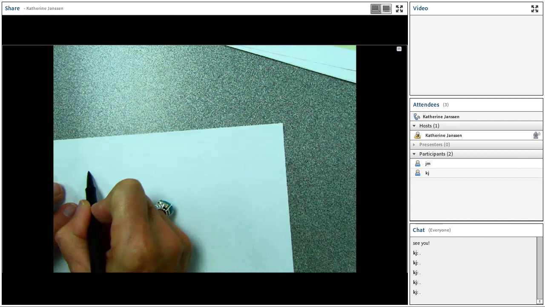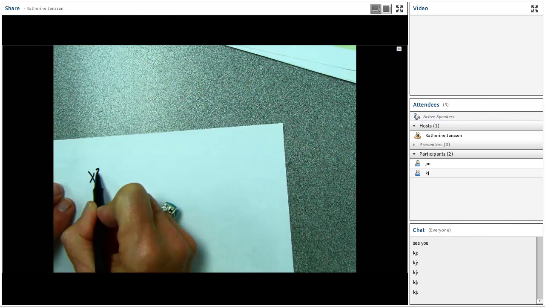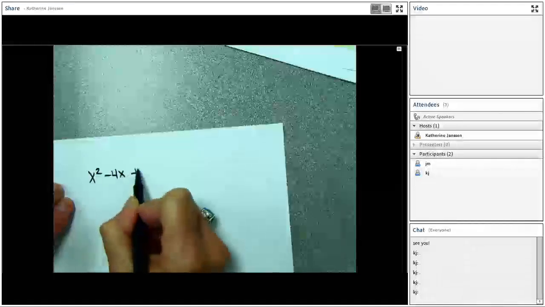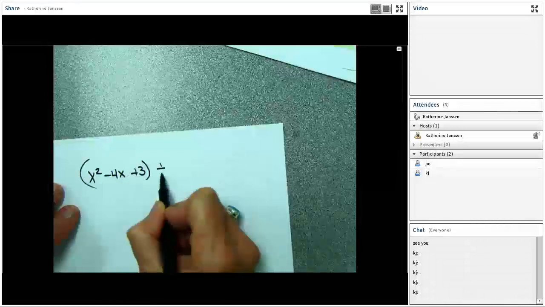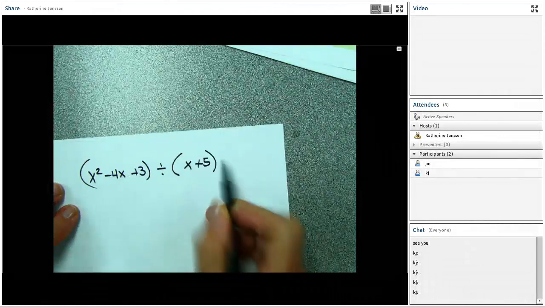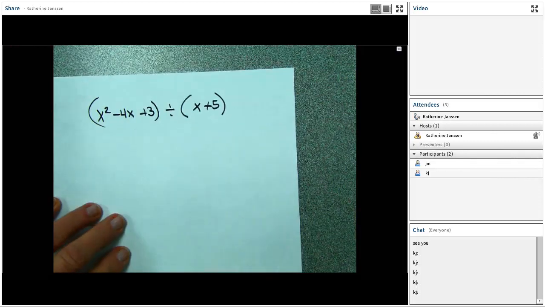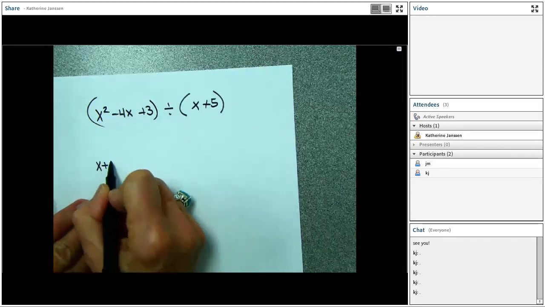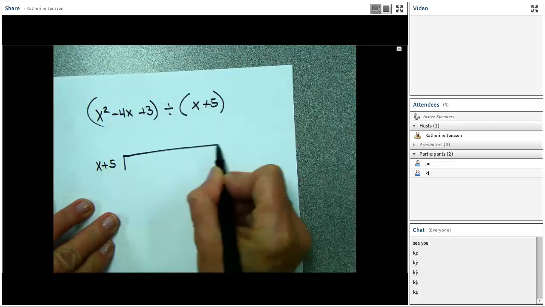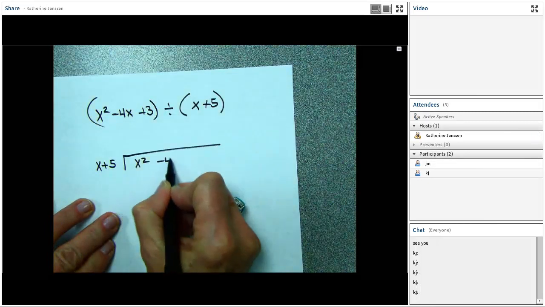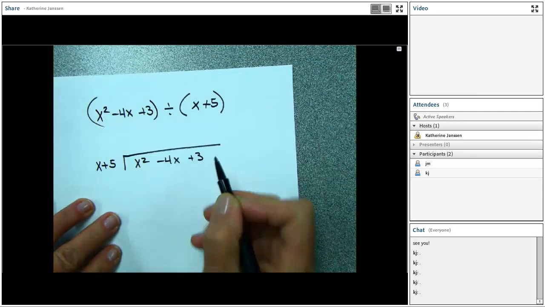And then our division today, we're given a polynomial. We're supposed to divide by a binomial. Longhand division, x squared minus 4x plus 3.